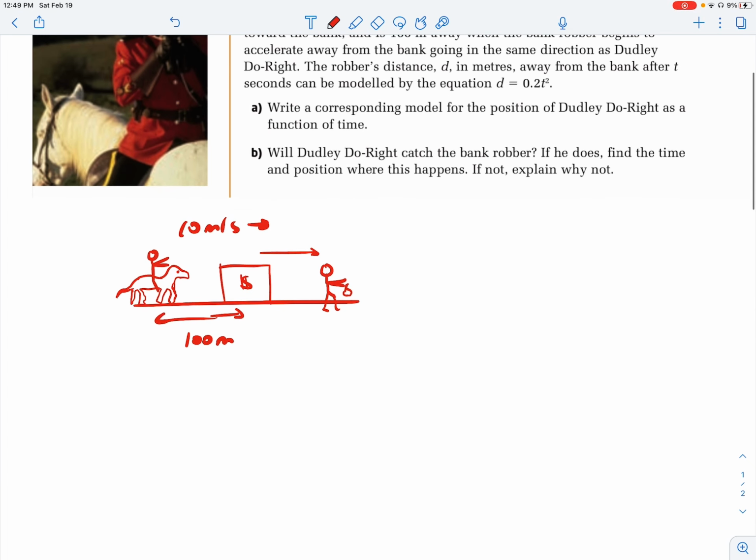So let's write out some of this here. We'll probably also need to make an assumption. Let's say that this is the origin right here. So let the bank be the origin.